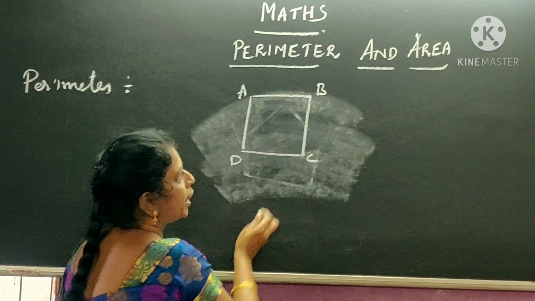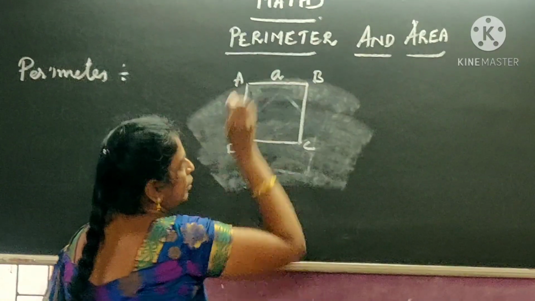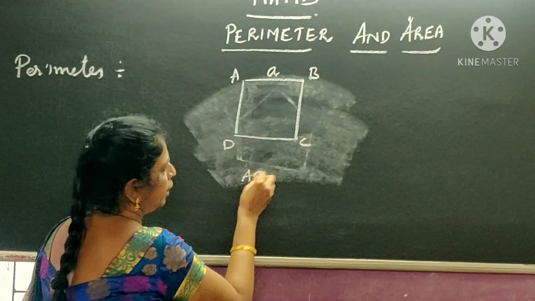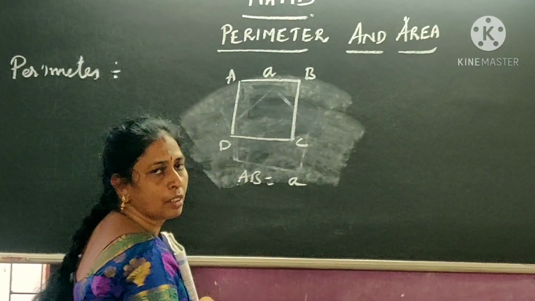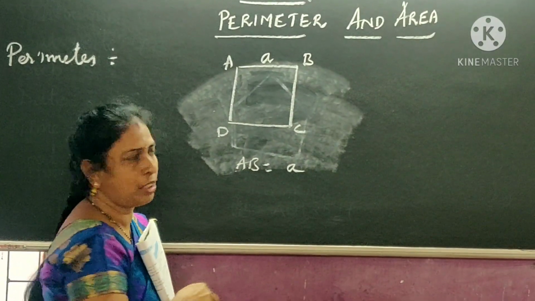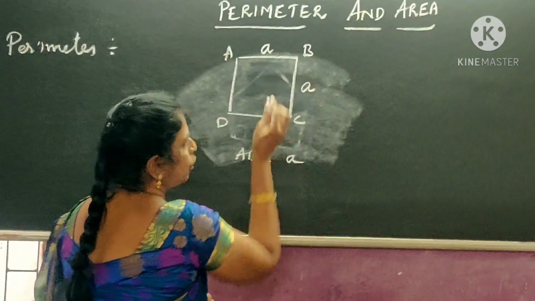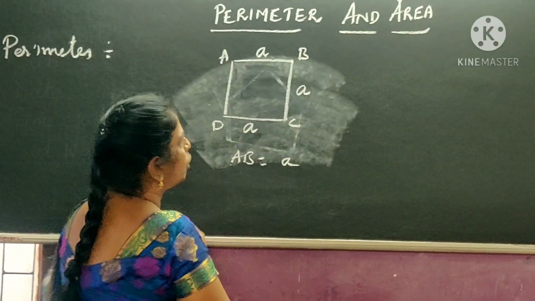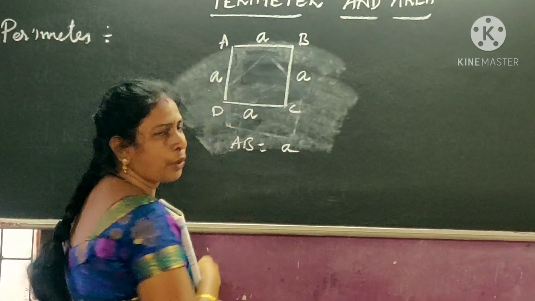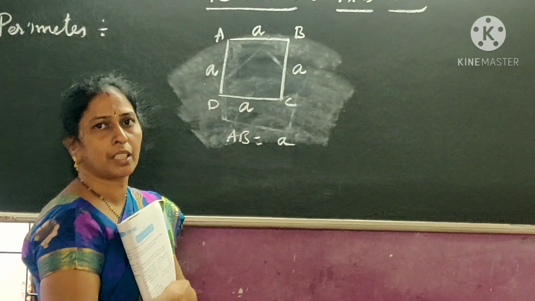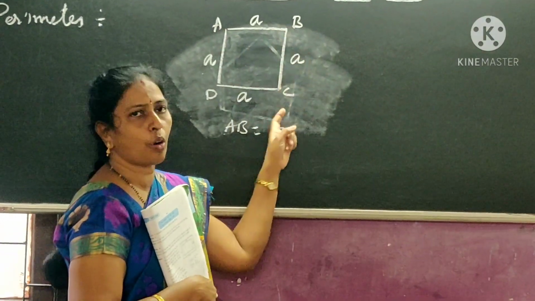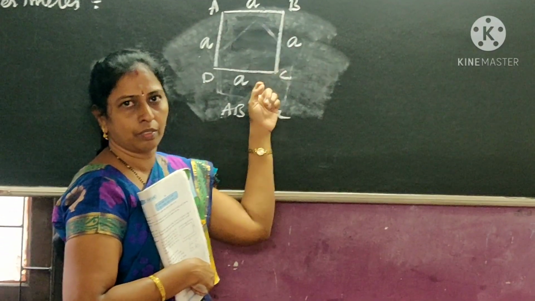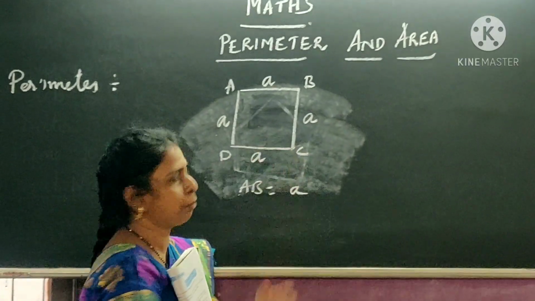Now, let me name side and we will give A. So, side AB is equal to A. Now, you know all the sides are equal. So, BC will also be equal to A. DC will also be equal to A. AD is also equal to A. Now, what is perimeter? Perimeter means we have to add all the four sides of any figure.